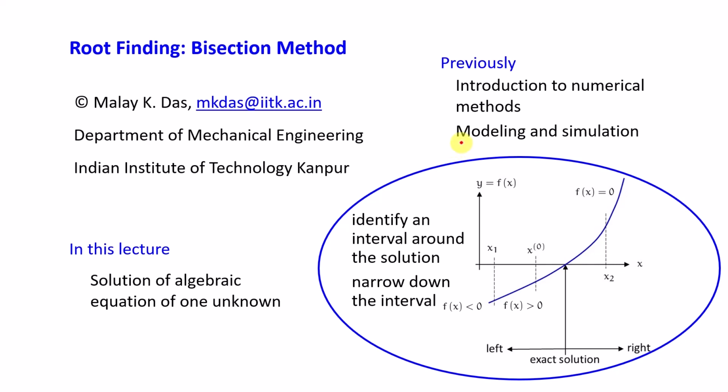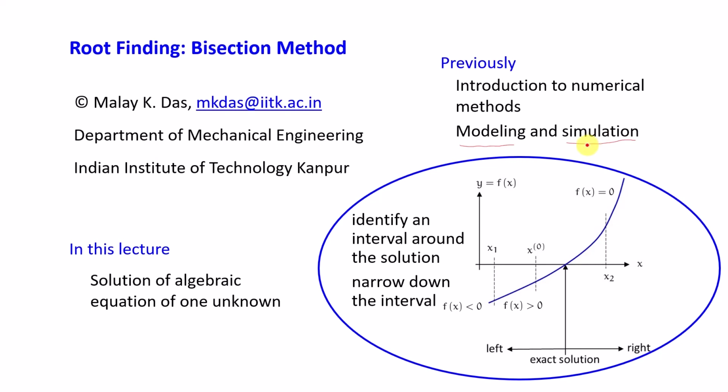We discussed how to model a physical phenomena and then how to solve those model equations, and we have seen that usually solution of those model equations involve numerical methods.